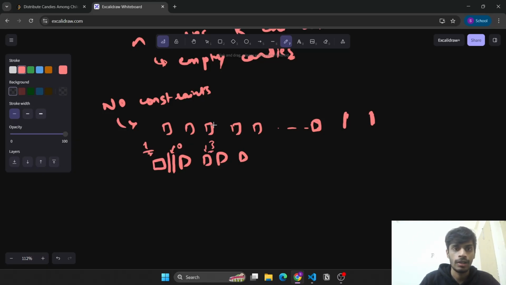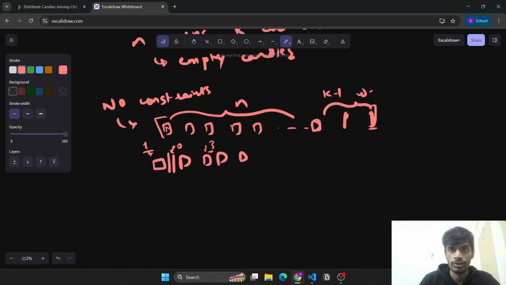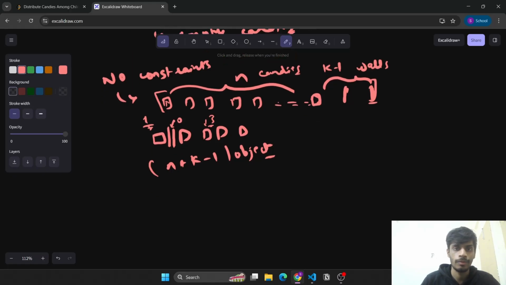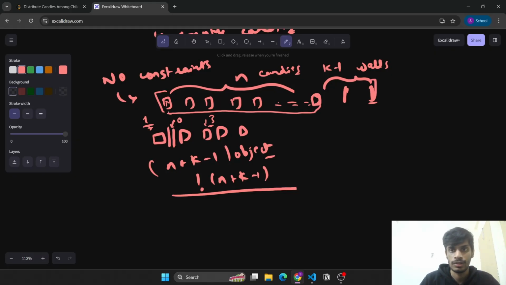So hence here we try to find out the solution using, suppose we have these n candies and we have k minus 1 walls. Okay, now we just need to arrange these n plus k minus 1 objects in all possible ways, and that would be the number of ways to distribute. So what would it be? It would be factorial of n plus k minus 1, divided by the factorial of the duplicate objects as we do in PNC.